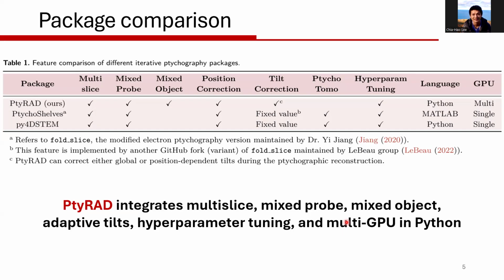And another new thing is PtyRAD also implemented multi-GPU. So that means if you have humongous data or you are fortunate enough to have access to multiple GPUs, you will be able to use multi-GPU in Python to actually accelerate your reconstruction process. So in all, PtyRAD is a package that actually integrates all these features in Python so that it's accessible to a lot of users.